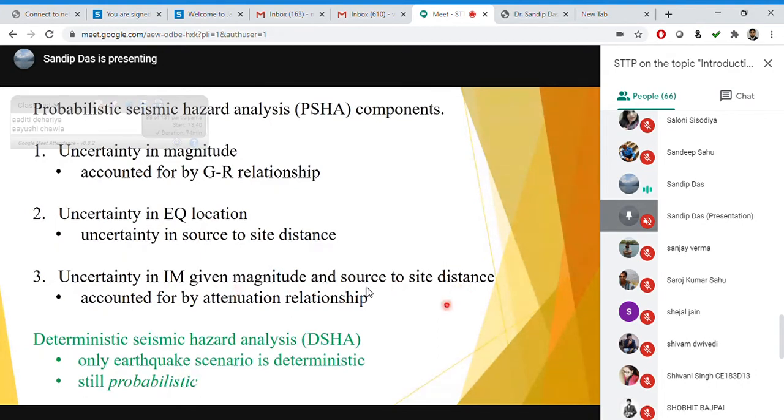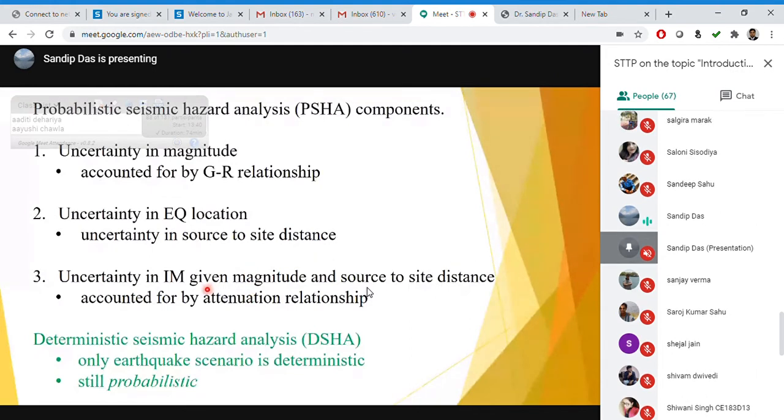Sometimes we call this entire thing, magnitude and source to site distance and many other things, the earthquake scenario. So given a particular earthquake scenario, what is the intensity measure at site in probabilistic sense? That is the distribution of the intensity measure that you can get from the attenuation relationship, because mean and sigma both are given to you.